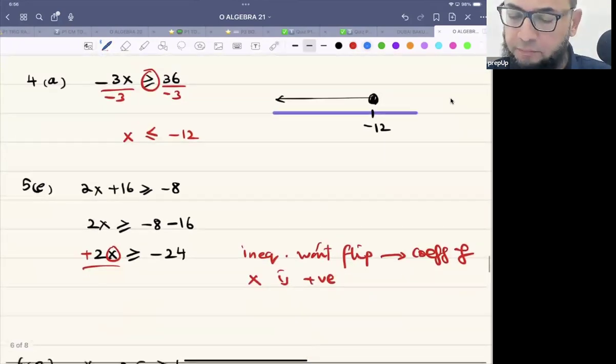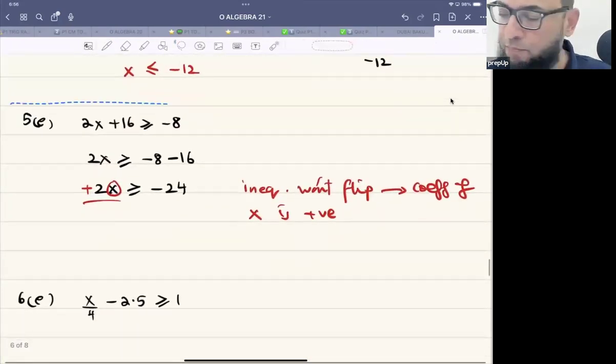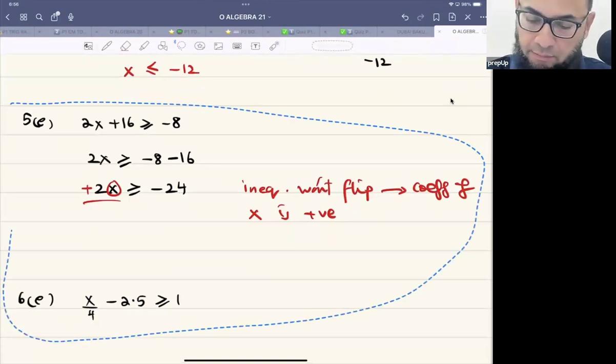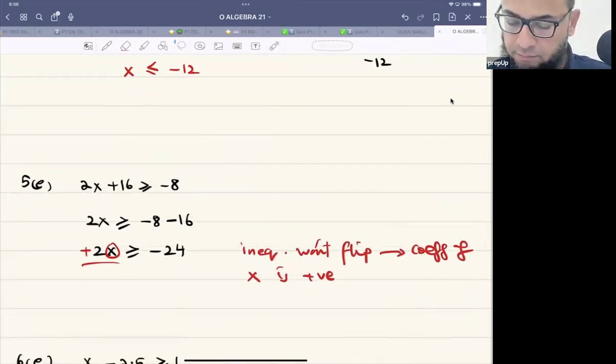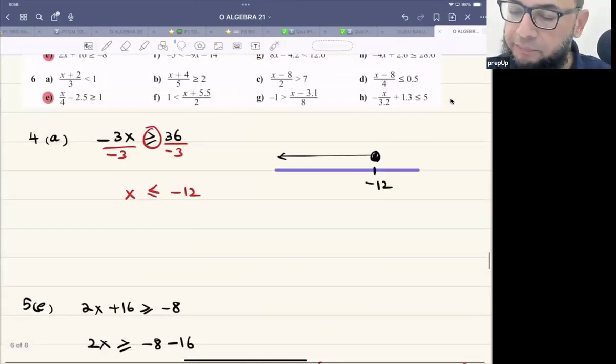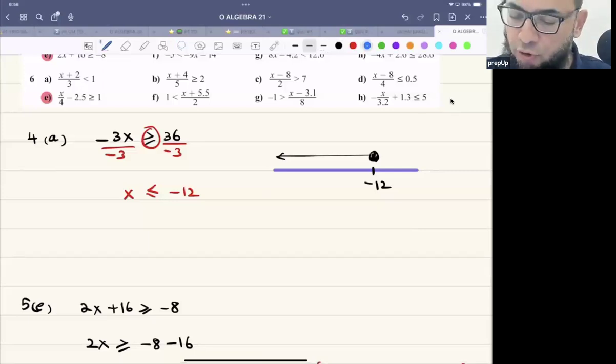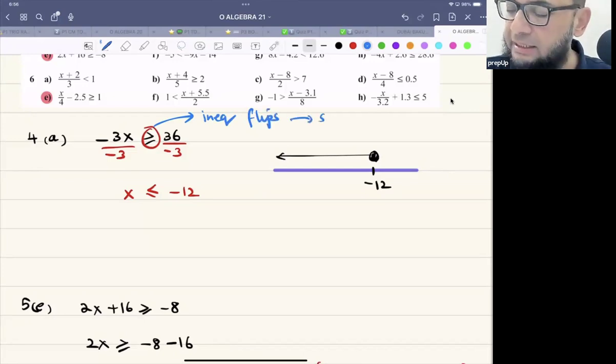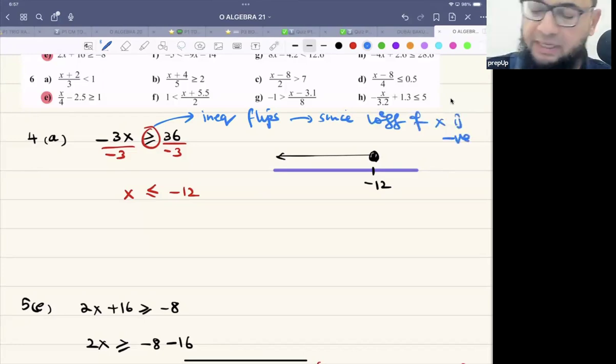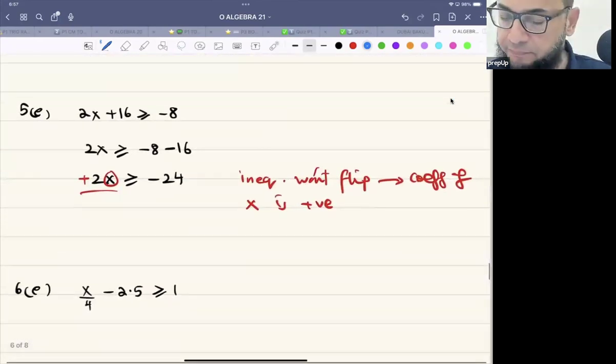Over here, let me just also pinpoint this thing. Since the coefficient of x was negative, the inequality flips. Why? Since the coefficient of x is negative. It doesn't make a difference what's on the other side.